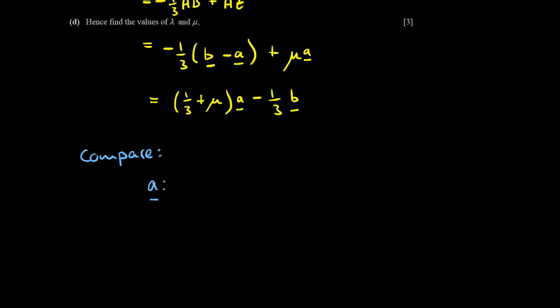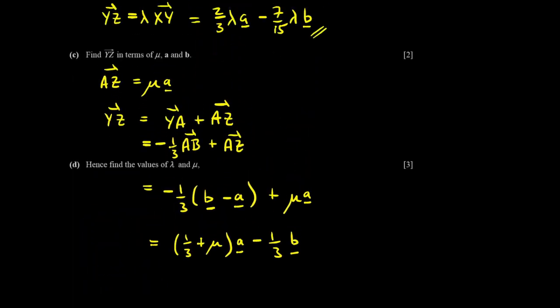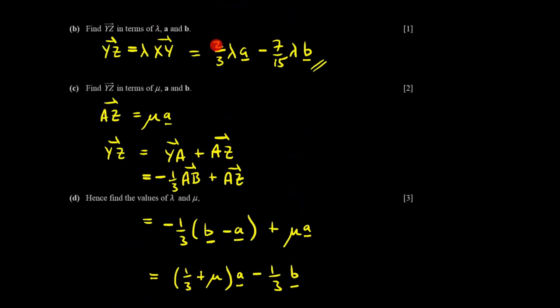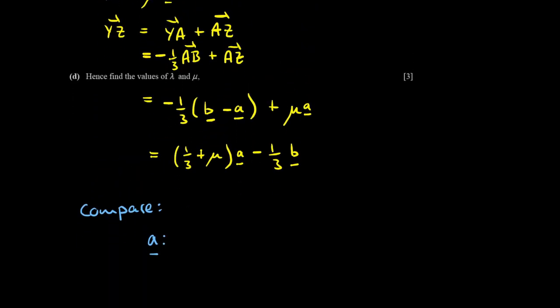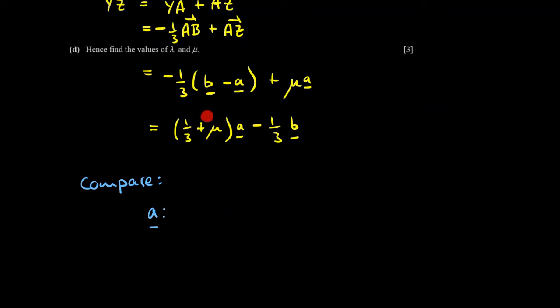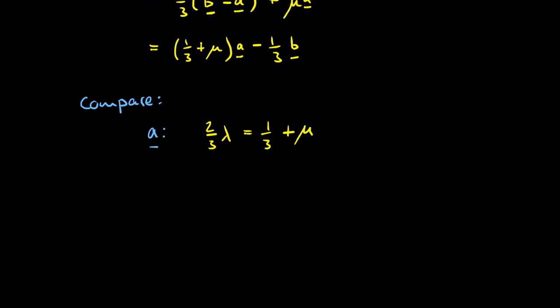If I compare the A's, from the first vector I've got 2/3 lambda, and the second vector, I've got 1/3 plus mu. So I can write 2/3 lambda is equal to 1/3 plus mu. I think it's probably just easier if I multiply everything through by 3. So I'm going to get 2 lambda is equal to 1 plus 3 mu, right?